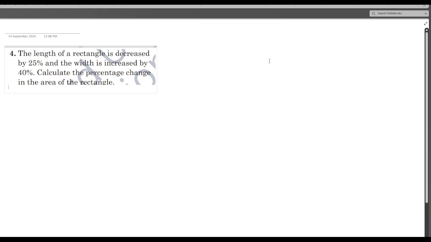Question number 4 is, the length of a rectangle is decreased by 25% and the width is increased by 40%. Calculate the percentage change in area of the rectangle. So your initial area, let us consider A1, is length times breadth, and your final area A2: length is decreased by 25%.